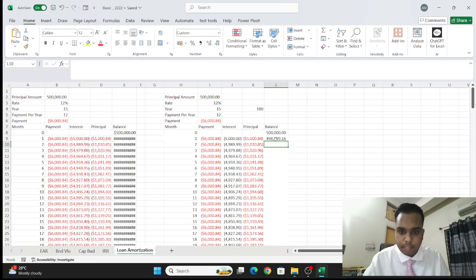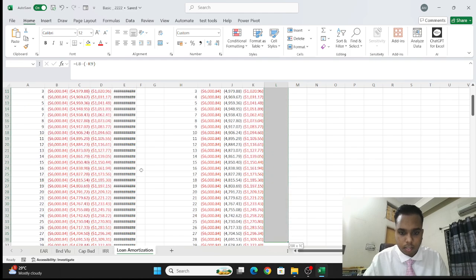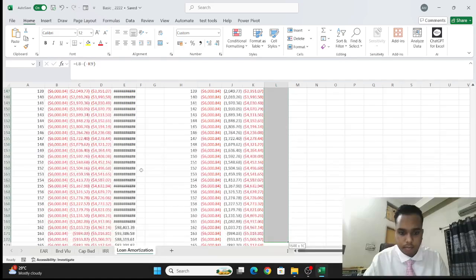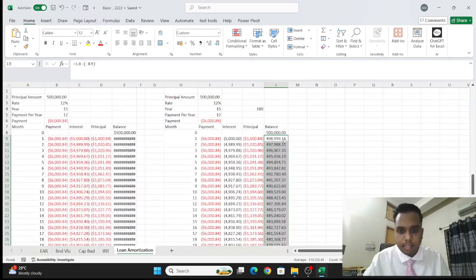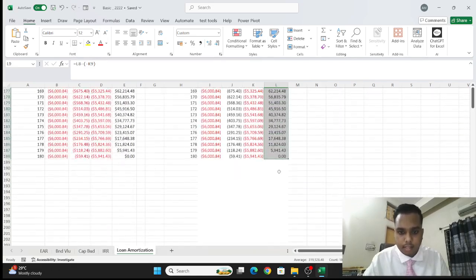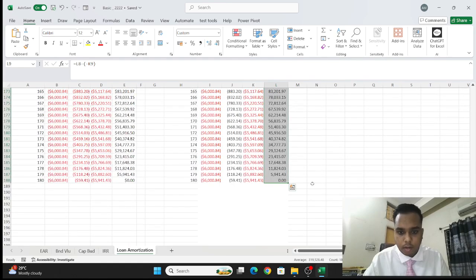So the balance will be this. We have to fill this balance down to 180 months, CTRL-D. This is the whole balance. The balance will be 0 after 180 months.